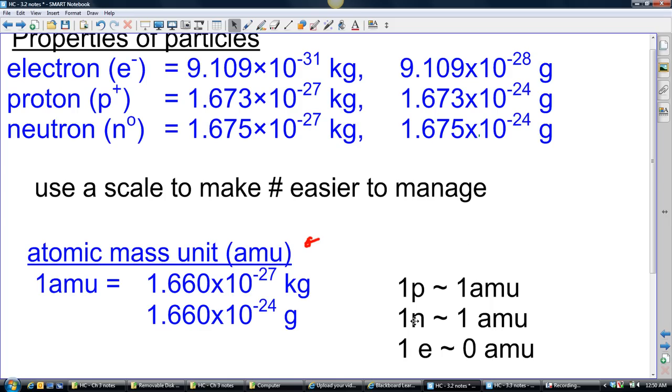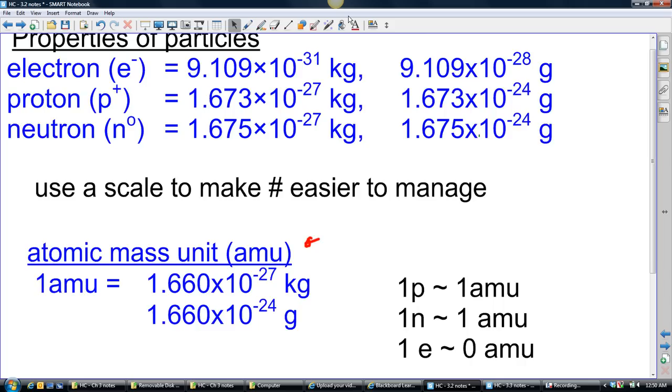We can also say one neutron has a mass of about 1 AMU. Now, compared to those two, an electron basically has no mass in terms of AMUs. So as we're doing calculations, it's going to be a lot easier to say the masses are 1, 1, and 0 than to be using these numbers.